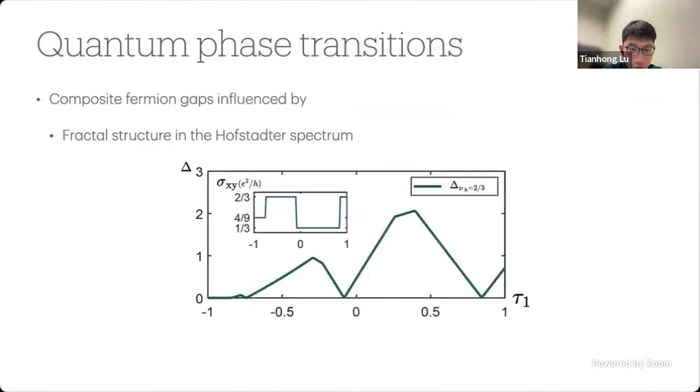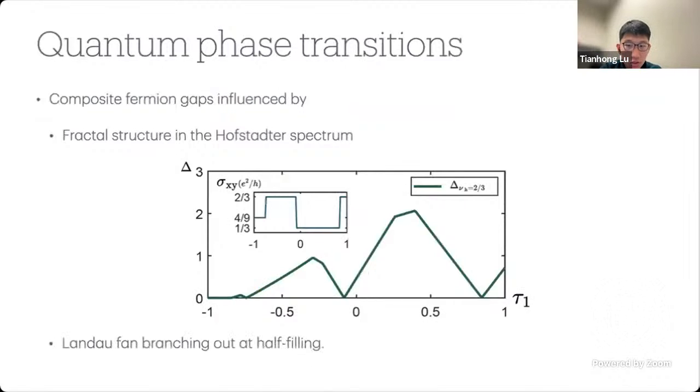Here we take the 2/3 hole filling as an example. At several hopping strengths of tau1, the composite fermion gap closes and then reopens. Every time there is a jump in the Hall conductance. For example, it jumps from 4/9 to 2/3, then to 1/3, and back to 2/3.